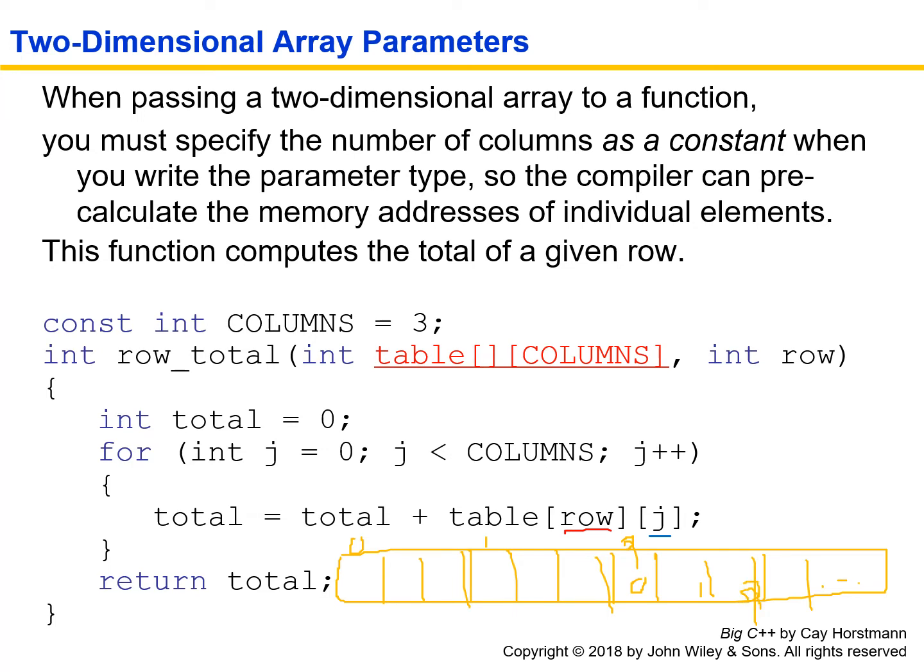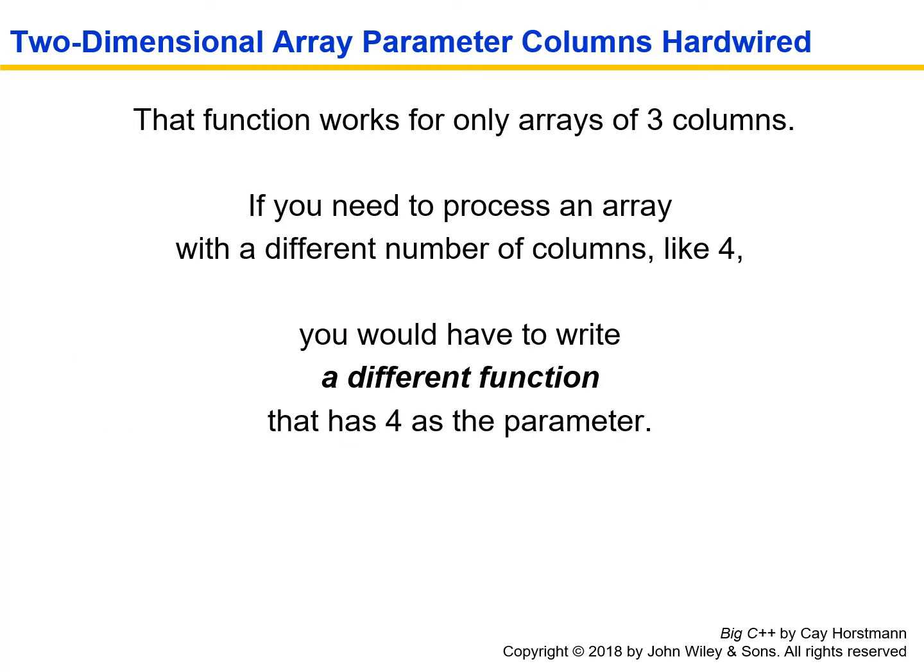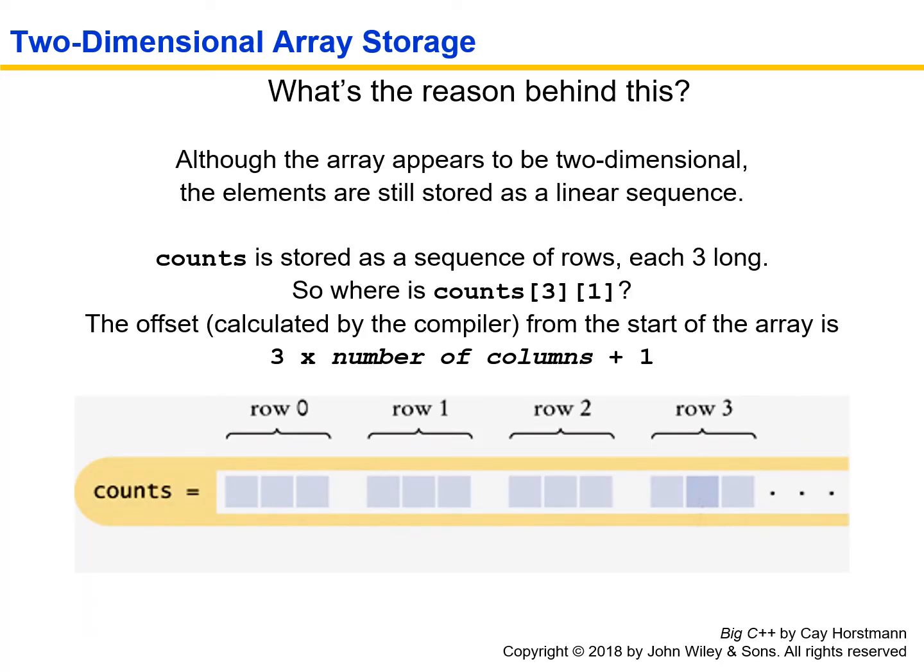Okay. That function will only ever work for arrays of 3 columns. If you also have a 2-dimensional array with 4 columns, you'll actually have to write a different function that has 4 as the number of columns. Okay.